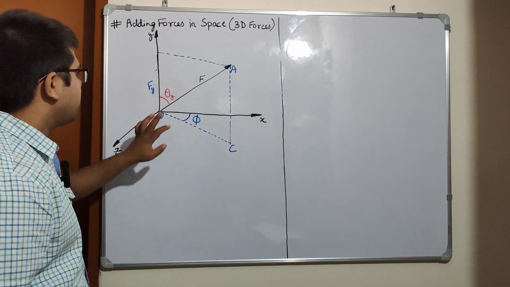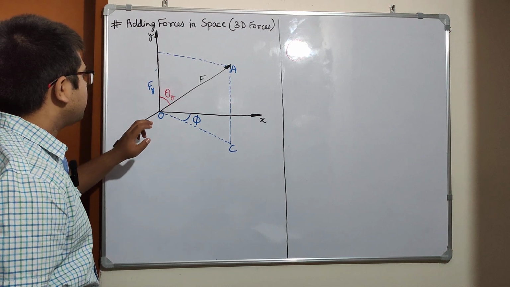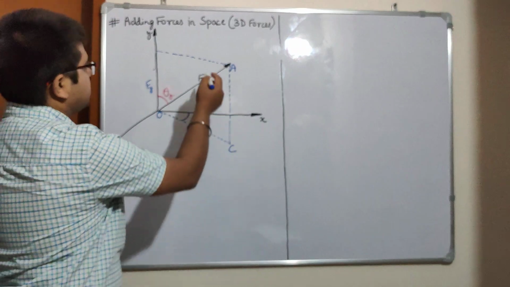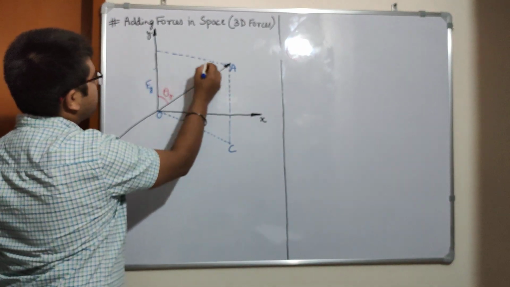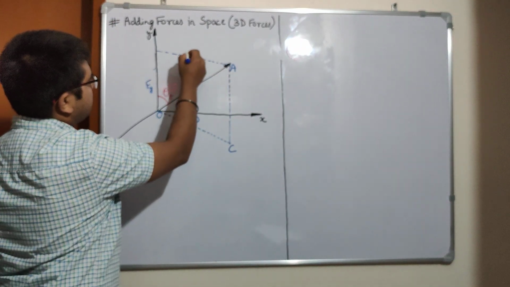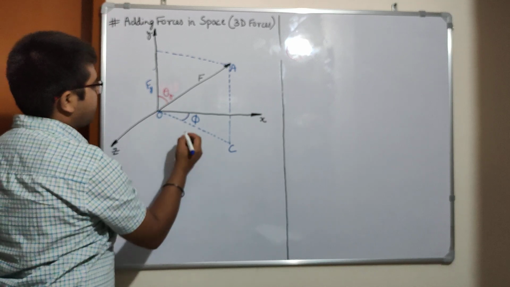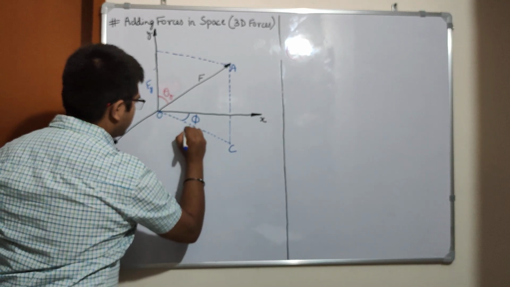This angle is phi and this angle is theta y. So this would be F sine theta y, that is Fh, the horizontal component.